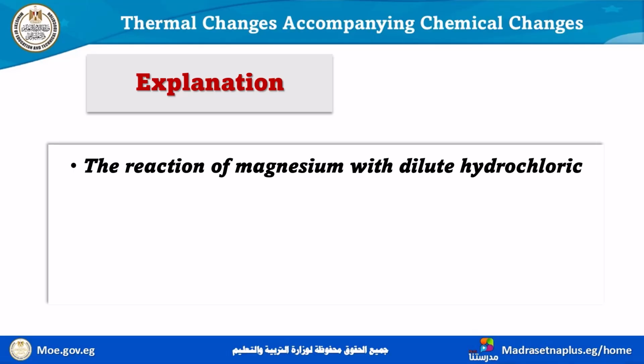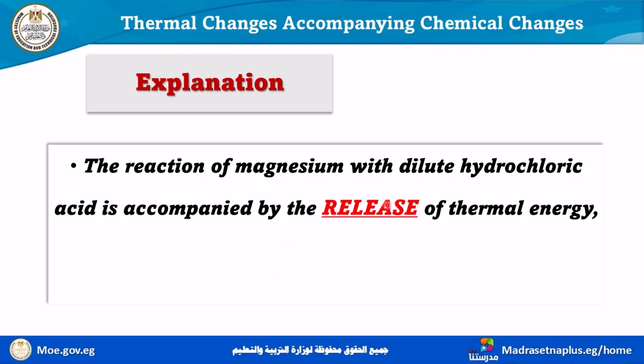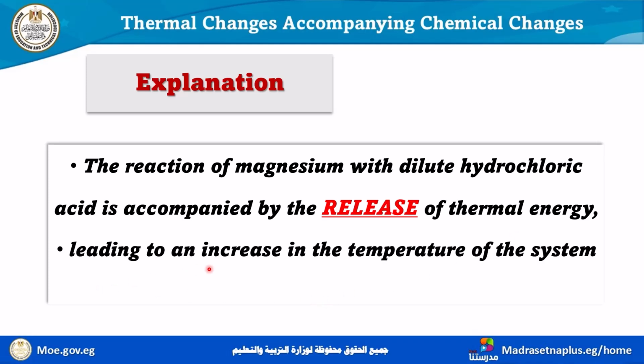The reaction of magnesium with dilute hydrochloric acid is accompanied by the release of thermal energy, leading to an increase in the temperature of the system, which is the reaction mixture. And that is why we will observe that the final temperature T2 is higher than the initial temperature T1.